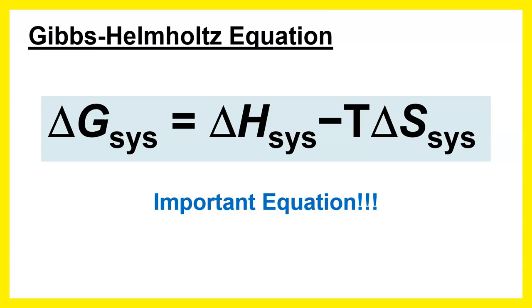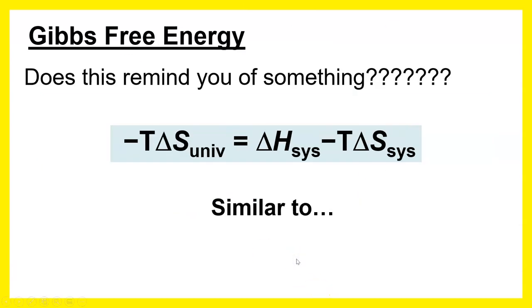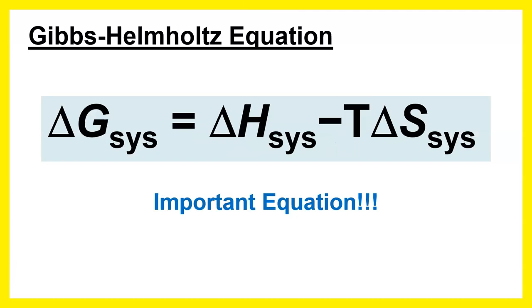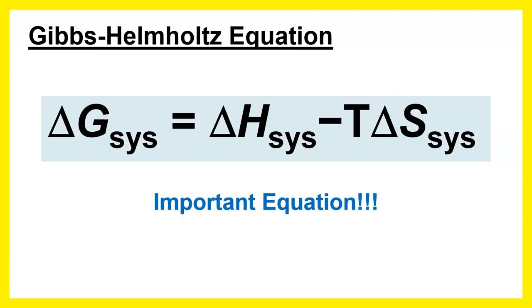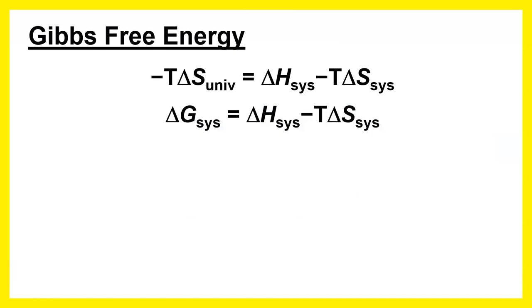So let me go back and forth. Delta H minus T delta S, delta H minus T delta S. So that's helping us connect the entropy of the universe to Gibbs free energy. They are connected.